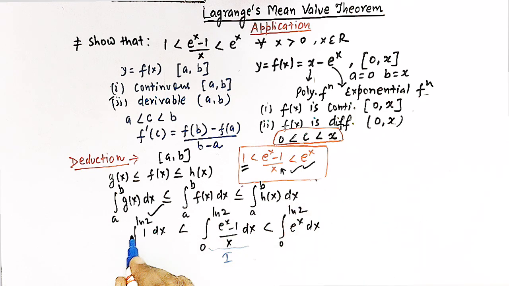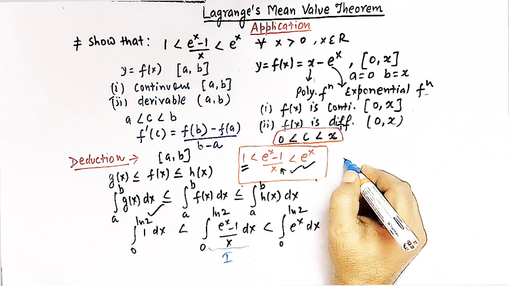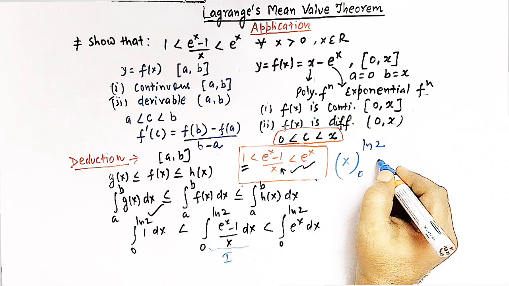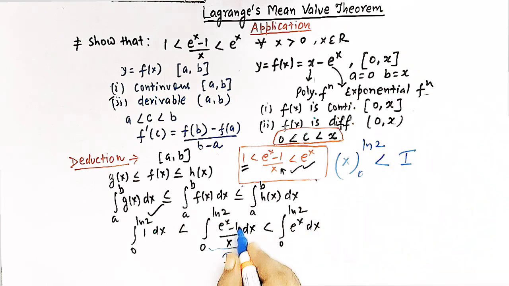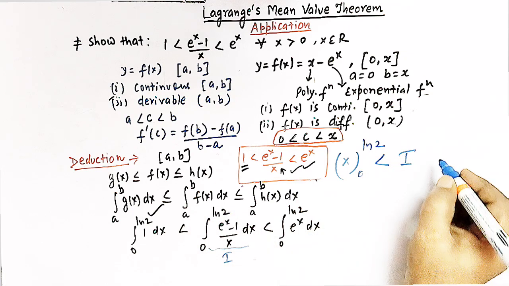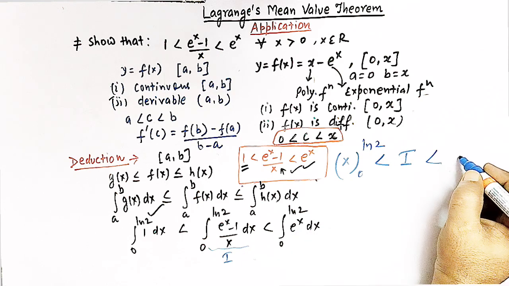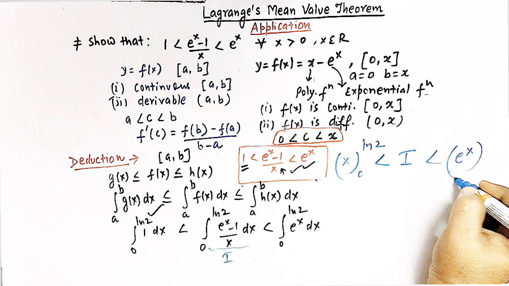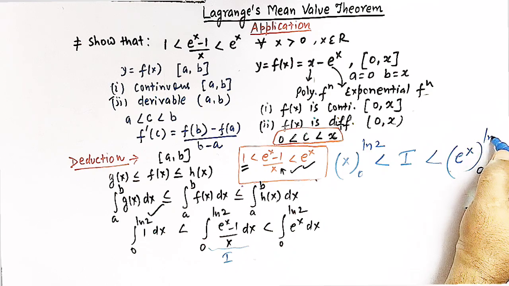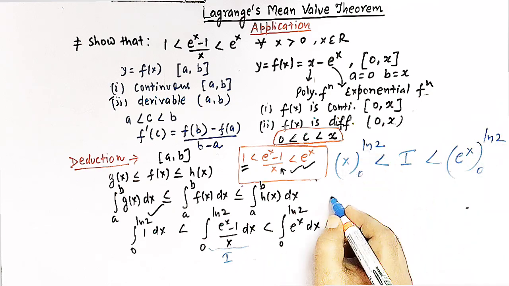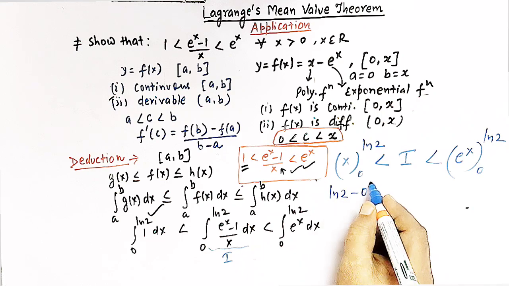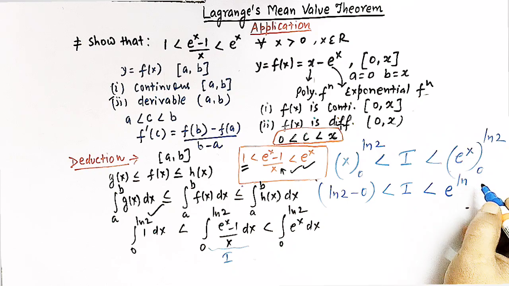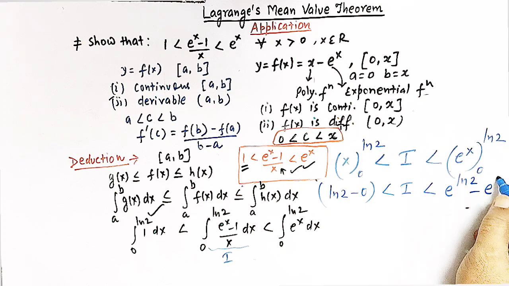So we have now integral 1 dx is simply x, and limits are from 0 to log of 2, and here we have I. We are taking this integral as I, and here the integral of e raised to x is e raised to x, and here the limits are from 0 to log of 2. So here we can now write log of 2 minus 0, and this is I, and here we have e raised to log of 2 minus e raised to 0.